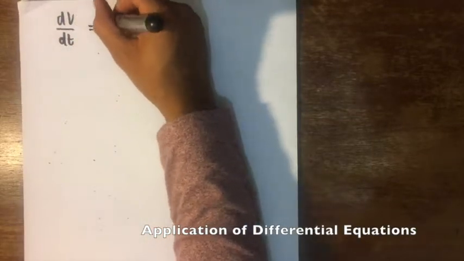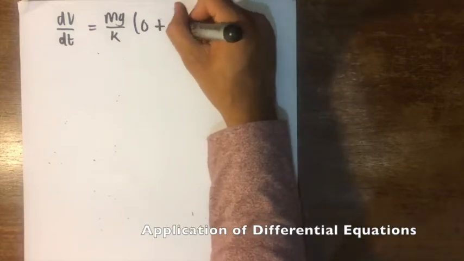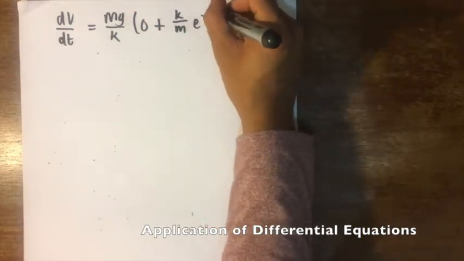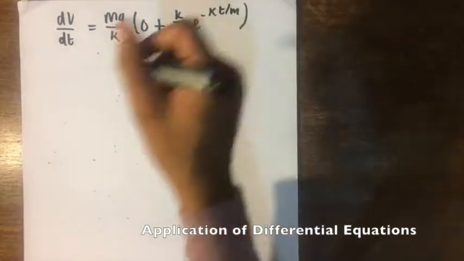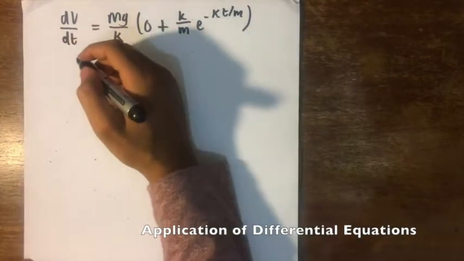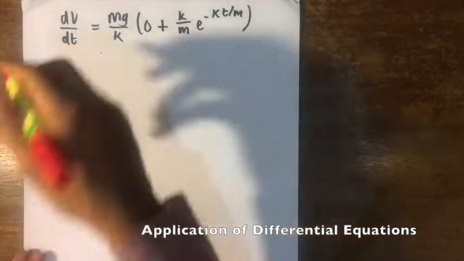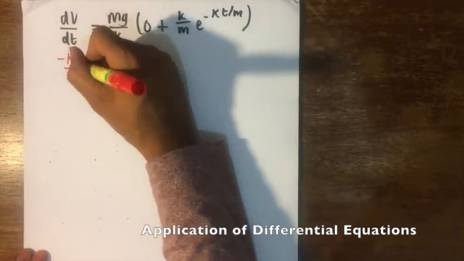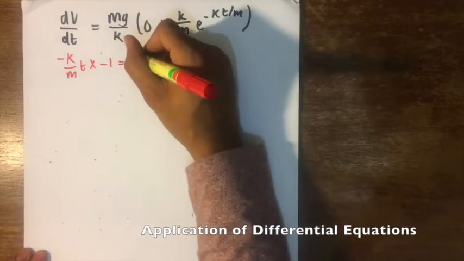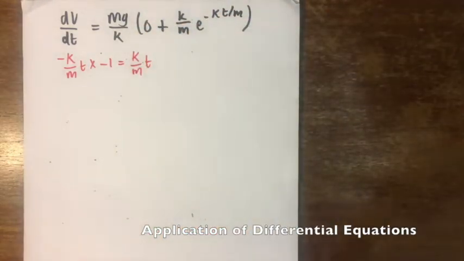So dv over dt is equal to mg over k, open bracket, 0 plus k over m e to the negative kt divided by m, close bracket. So that is positive because negative k over m times negative 1 is equal to a positive answer.